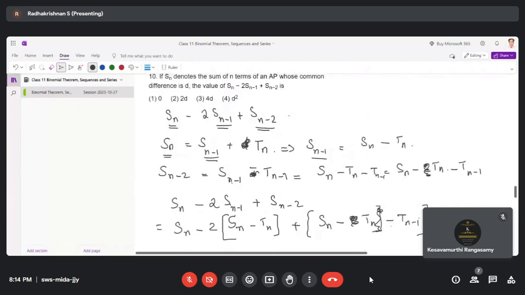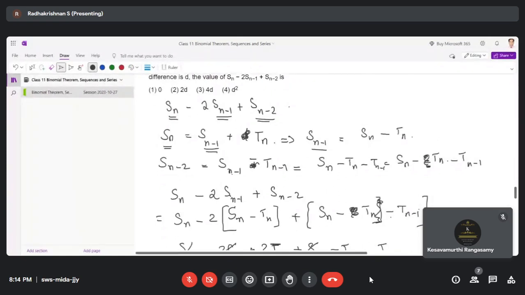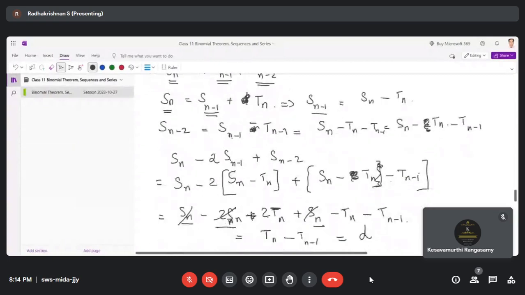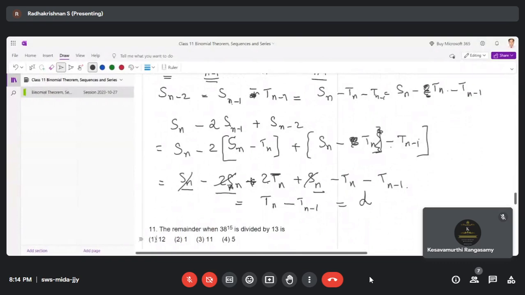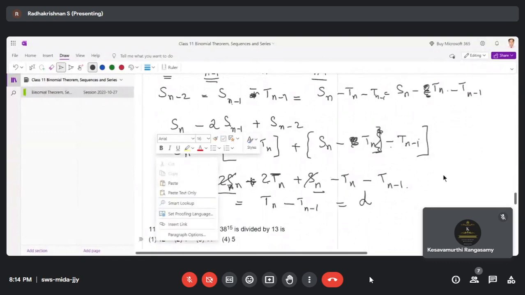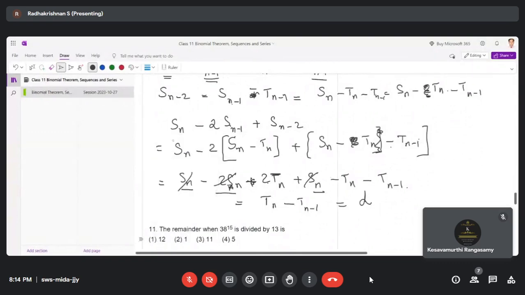Which option is that? They have not given that option. It should be D. Okay, let me double check it. Sn minus 2 into Sn minus 1, which is Sn minus Tn. And Sn minus 2 equals Sn minus Tn minus Tn minus 1. So that is all correct.